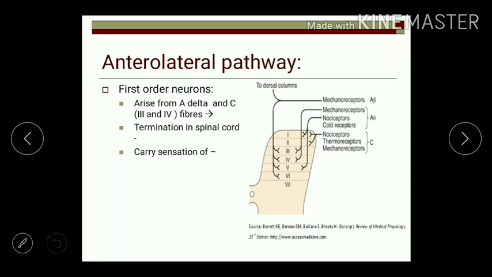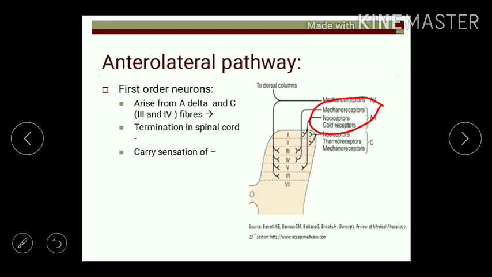Next is the anterolateral pathway. First order neurons for the anterolateral pathway arise from A delta and C fibers. They are small myelinated A delta and unmyelinated C fibers. You can see here A delta fibers. They carry sensation from mechanoreceptors, nociceptors and cold receptors.